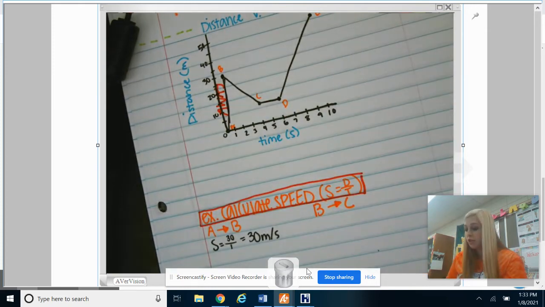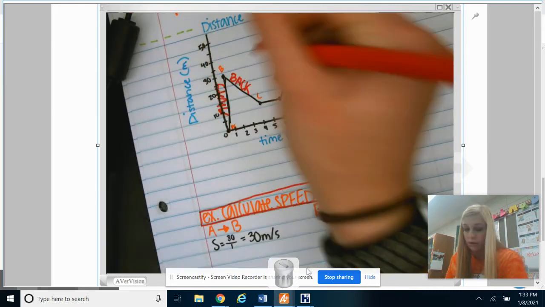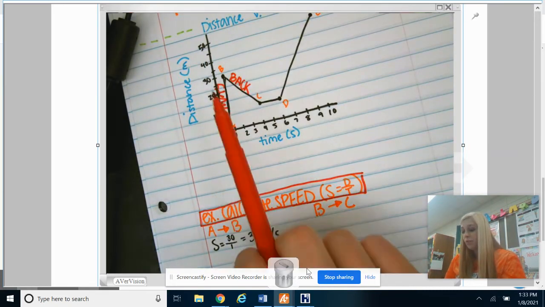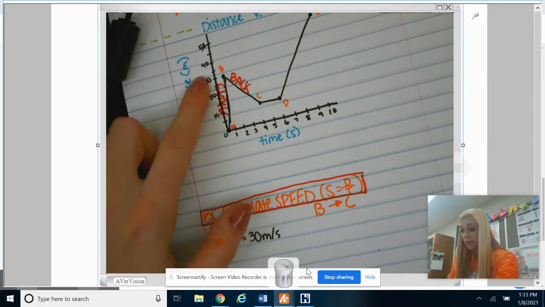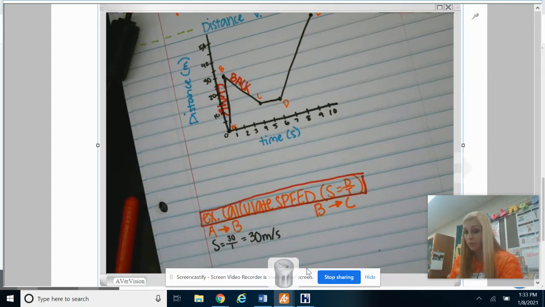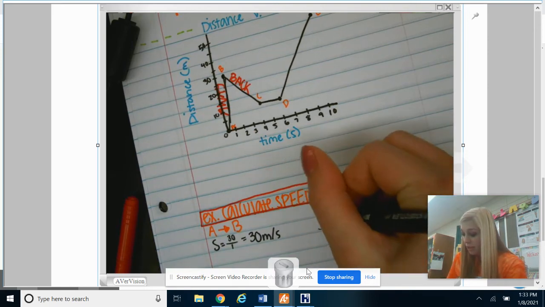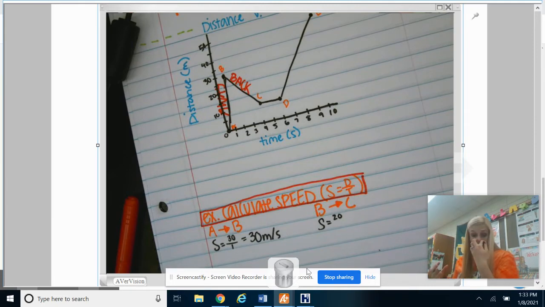But then we travel back towards the start, from 30 meters to 10 meters. So when we're calculating speed, our distance is 20 meters because that's how much we changed.